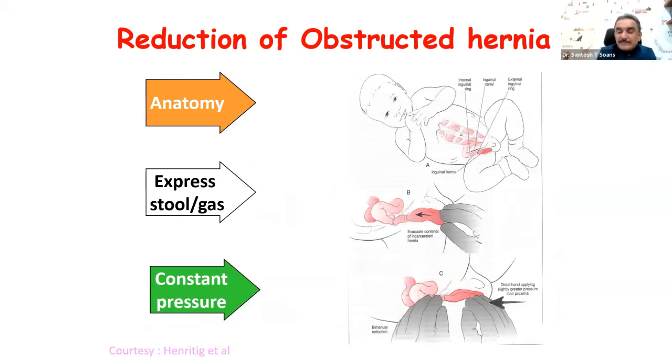It gets obstructed, or the circulation to that area gets compromised, and it can become gangrenous. So first make sure you take out all the gas and stool from the rectum. Then hold the inguinal ring tightly and slowly, with small pressure, push it back in. Many a times it will fail, but sometimes you can reduce the obstructed hernia in children.